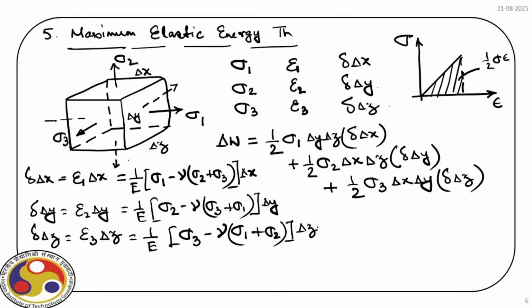And then once we quantify all these elongations along three orthogonal directions, we can actually further quantify the work done, and we can quantify the energy stored per unit volume, right?